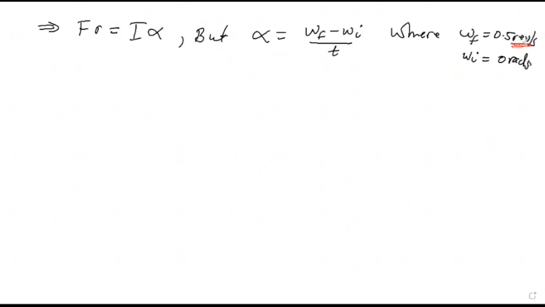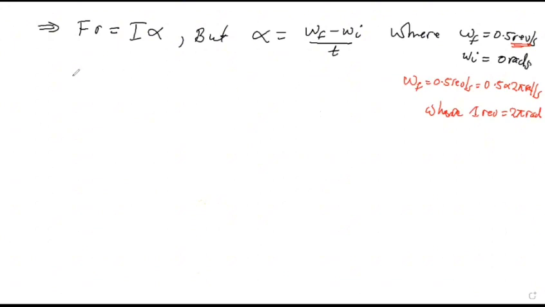So we need to convert the final angular velocity, 0.5 revolutions per second, which is the same as 0.5 times 2 pi radians per second, because 1 revolution is equal to 2 pi radians.